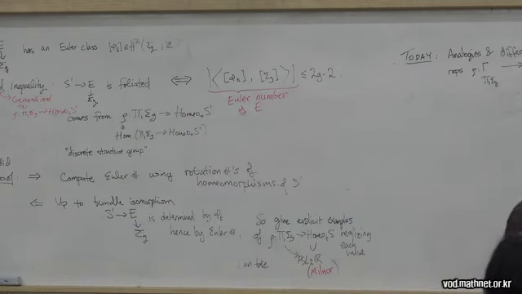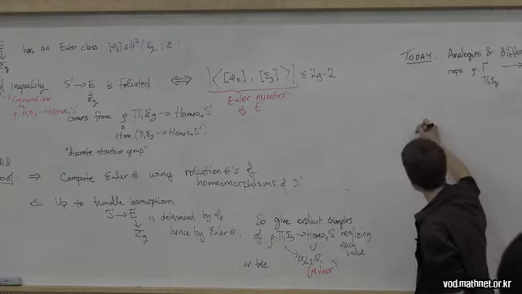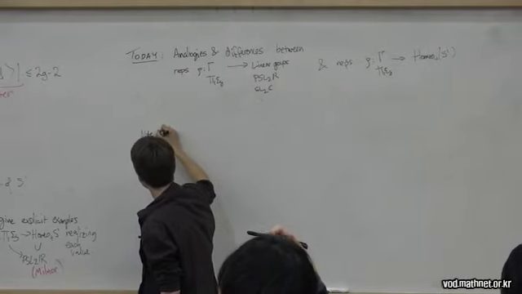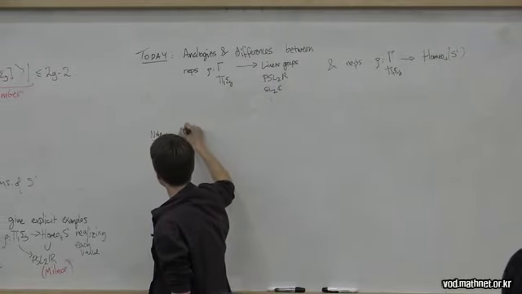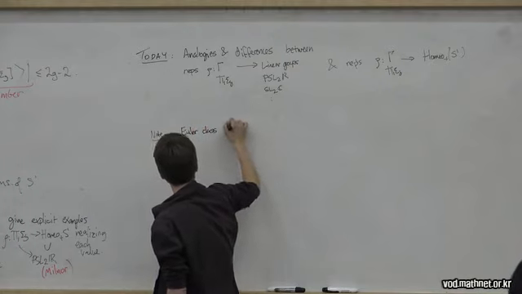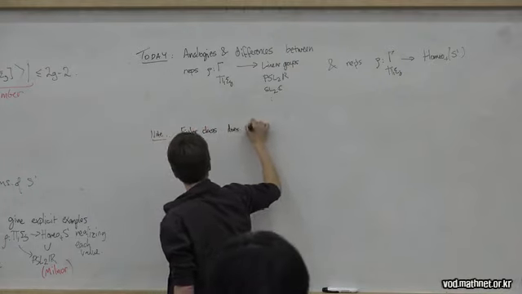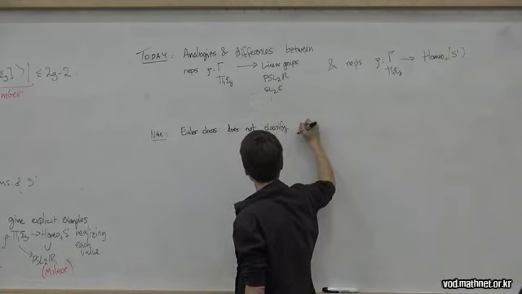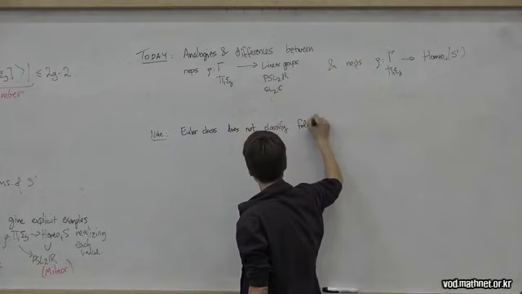Okay, so maybe a quick note or caution or warning is that Euler class or Euler number does not classify foliated bundles.